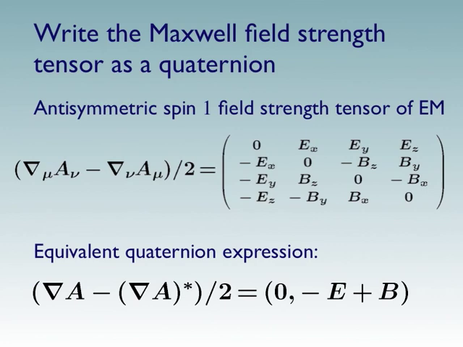Those zeros are important because they indicate why this theory is invariant under a gauge transformation. If we want to form an equivalent expression out of quaternions, we just take the 4-derivative of the 4-potential and subtract away the conjugate to get rid of the scalar term, which is where all the gauge stuff goes, and there you have it. There's an E field and a B field.